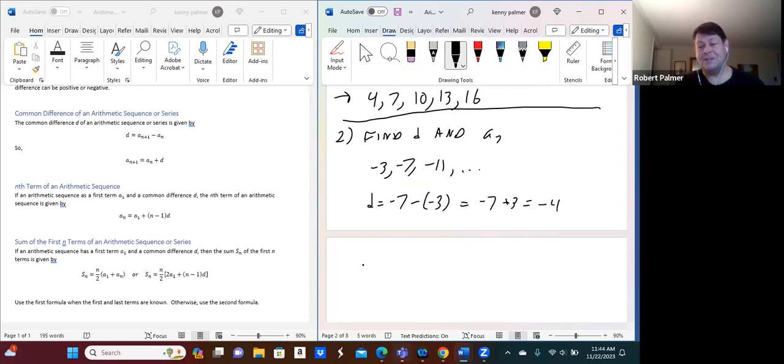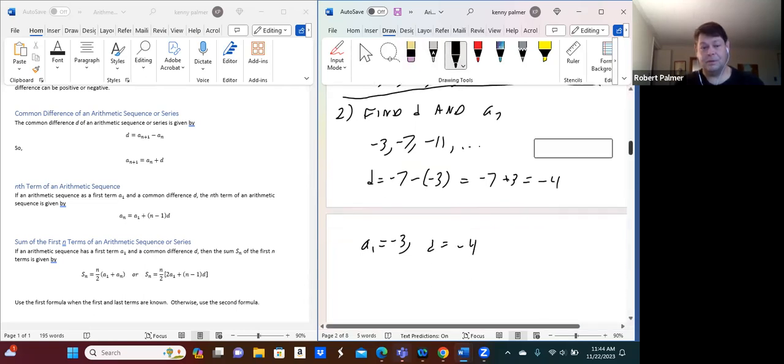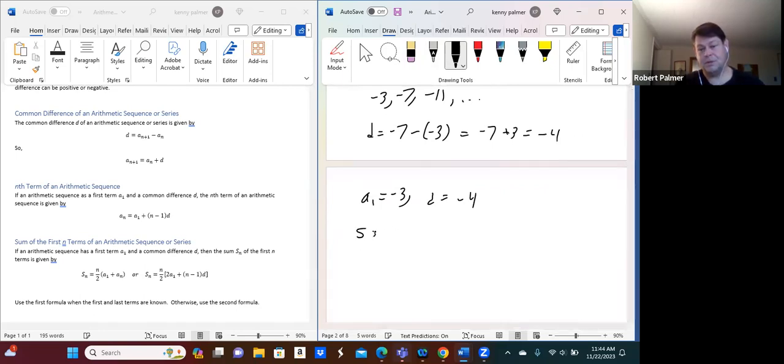Now we want to find a_7. First, we know that a_1 is equal to -3 and d, the common difference, is equal to -4. So we have a little formula here. a_n is equal to -3 plus n minus 1 times -4. This will make it general.